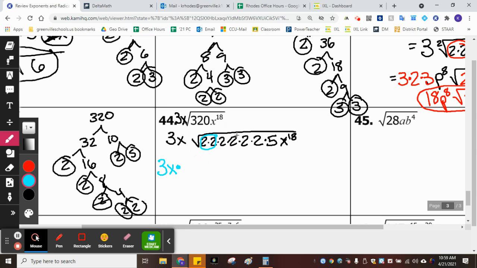Every 2, 1 comes out. So a 2, a 2, a 2. Or if you want to just go ahead and put that in a calculator and get 8, it makes it a little easier. And then if I'm grouping 18 x's in groups of 2, you get 9 because 18 divided by 2 is 9.